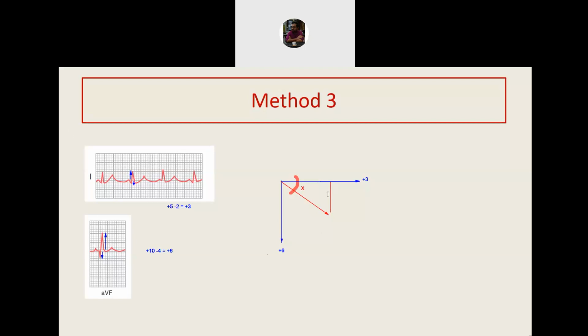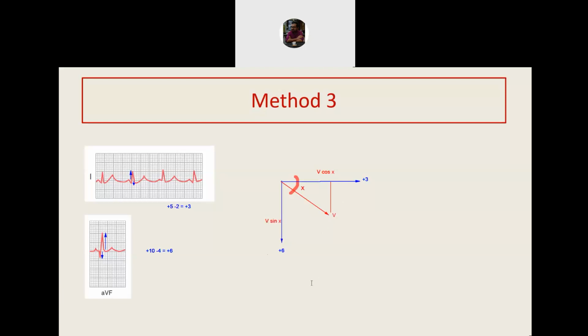So if the vector is v, then v cos x is measured here. Similarly, on the y-axis, we are measuring v sin x.